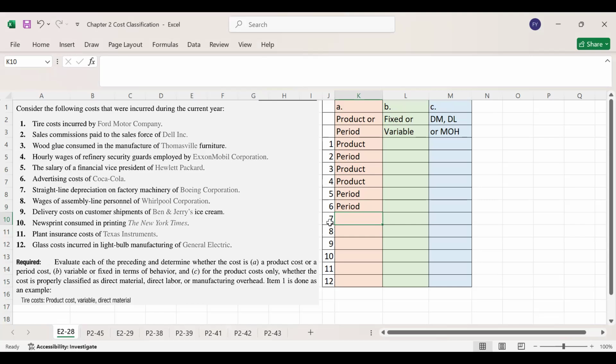So this straight line depreciation is on factory machinery, or if it is on factory building, then this will be charged as product cost. Next is wages of assembly line personnel.